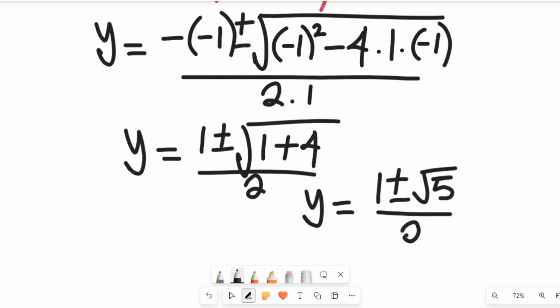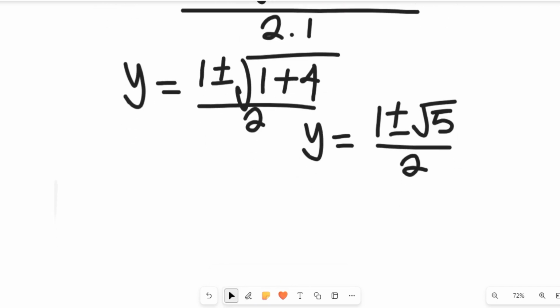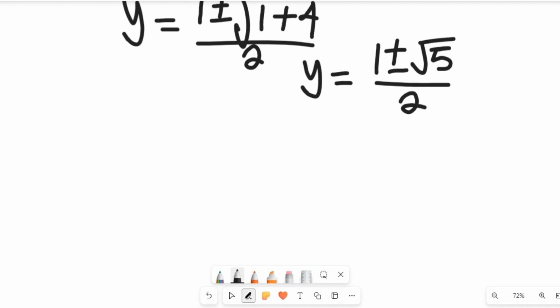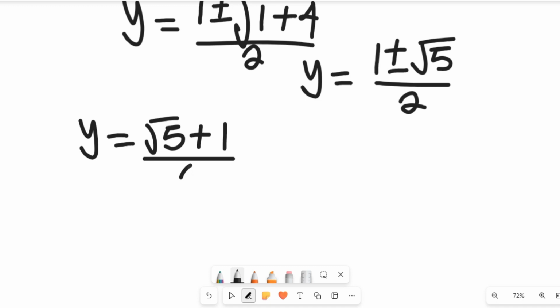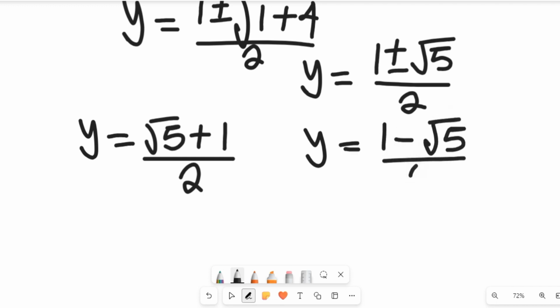divided by 2. So we'll have our y in the first place to be equal to 1 plus the square root of 5, we can write this like this because it's positive, divided by 2, and then we'll have our y to be equal to 1 minus the square root of 5 divided by 2.